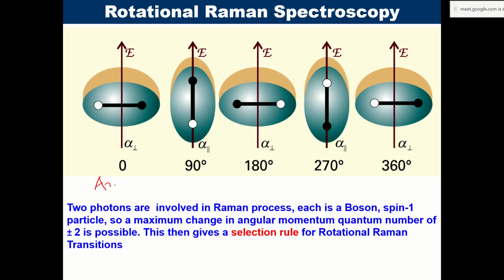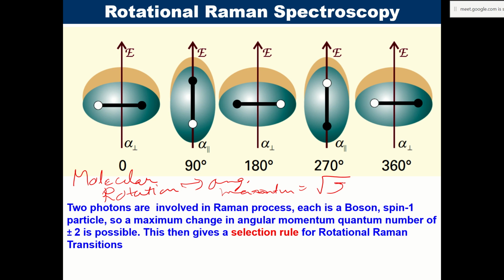Angular momentum for molecular rotation, when the molecule is rotating, and if I ask you what is the angular momentum, how will you find? You should know the quantum number. J is the quantum number, J into J plus 1 h cross. देखिए h cross तो constant है. If the change in J is the same as the change in spin quantum number, then you are accounting for the overall change in the angular momentum.